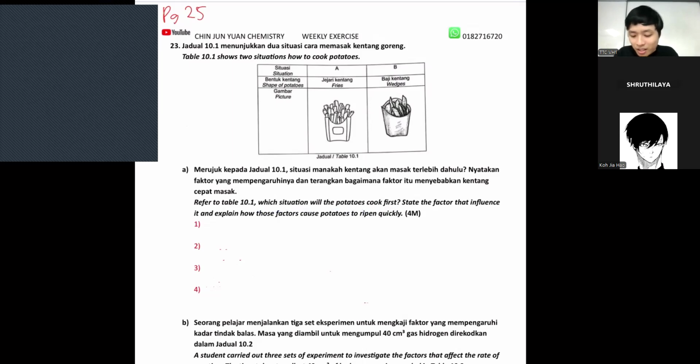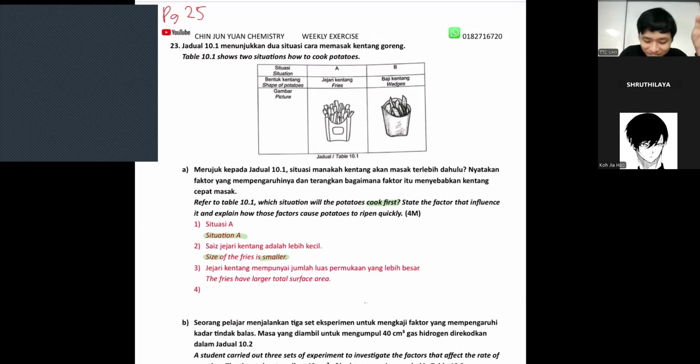Of course, which one cooks first? It's situation A. A is fries, right? Why? Fries has smaller size, simple. Smaller size, larger total surface area.